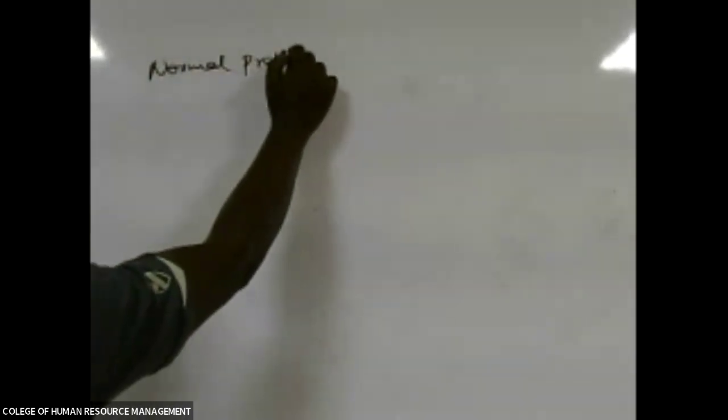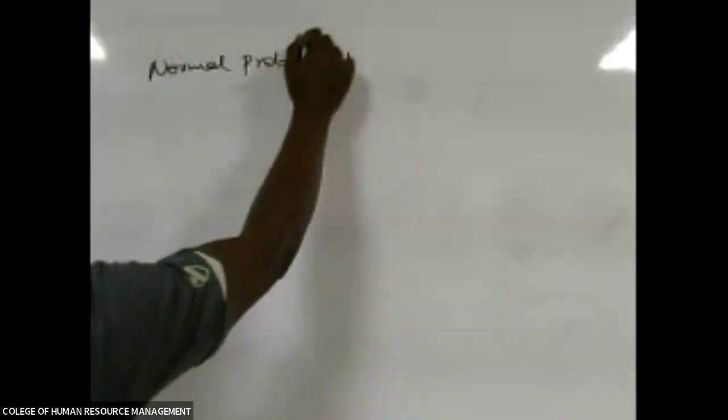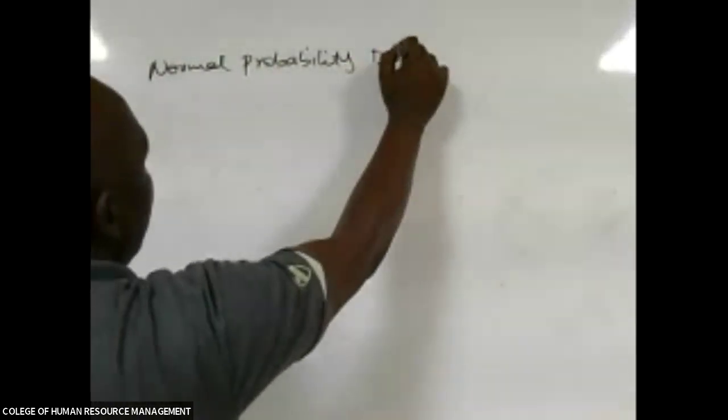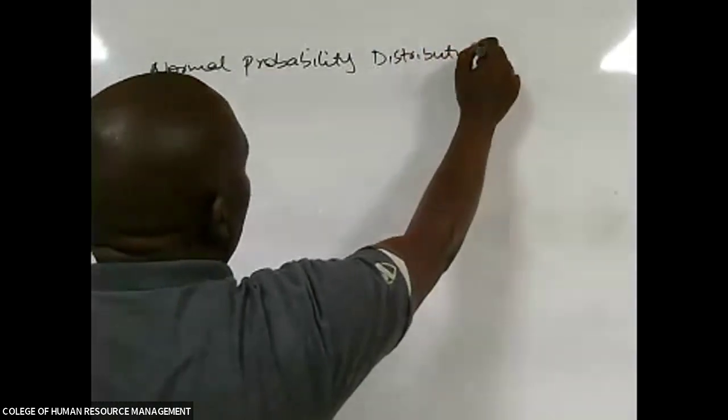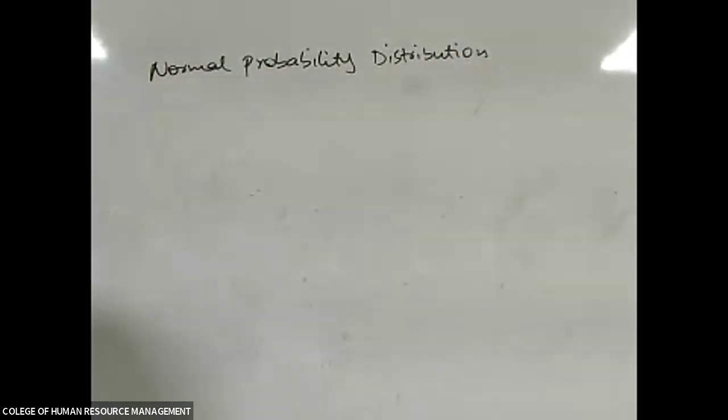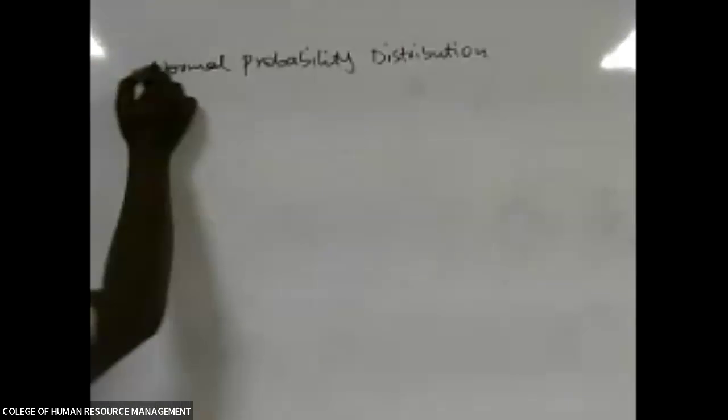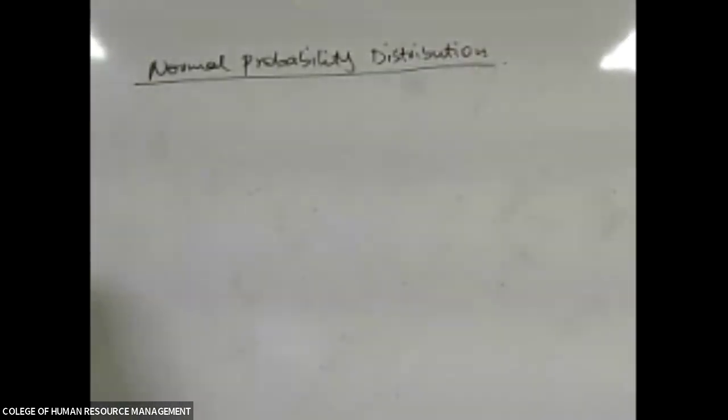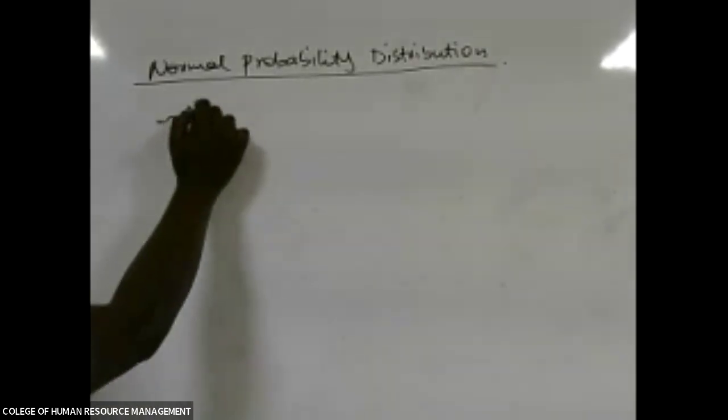Normal probability distribution. And this one is related to what we call a normal curve.